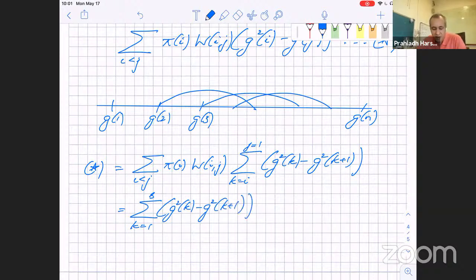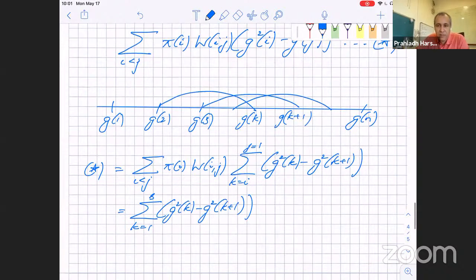If I reverse the order of summation, what will this be multiplied by? Let's take a particular k and k plus 1. How many times does gk and gk plus 1 appear in the summation? It appears whenever there's an edge going from the left of gk to the right of gk plus 1. Only then does g square k minus g square k plus 1 appear in the summation.